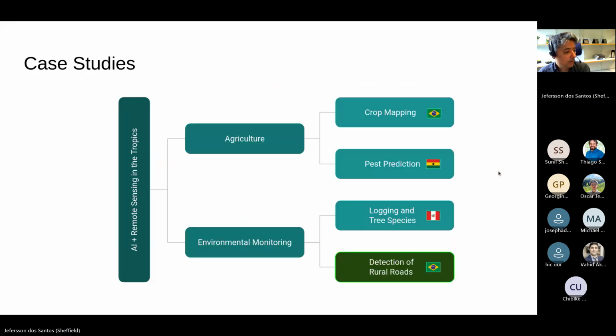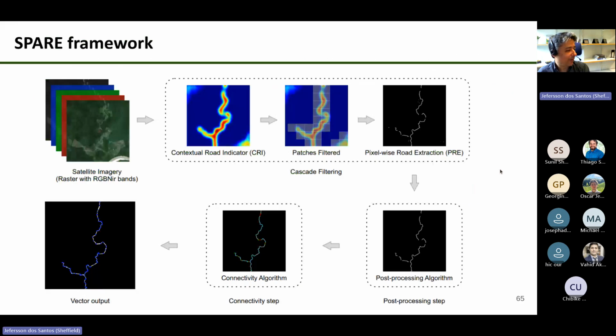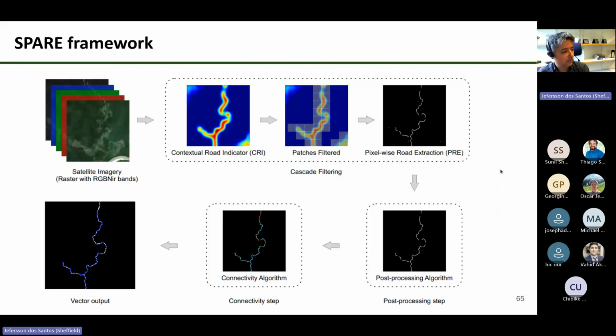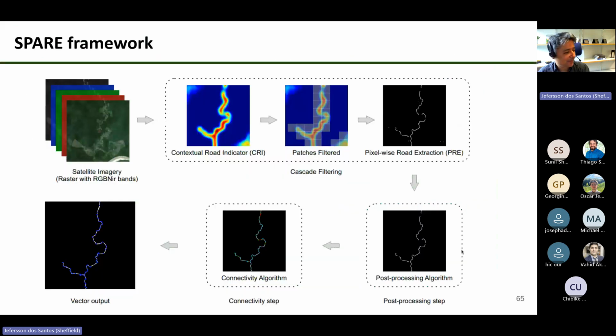I have more to say, but I will skip and go to final remarks. If you are interested in this application, detection of rural roads, don't hesitate to contact me. We can discuss that later.